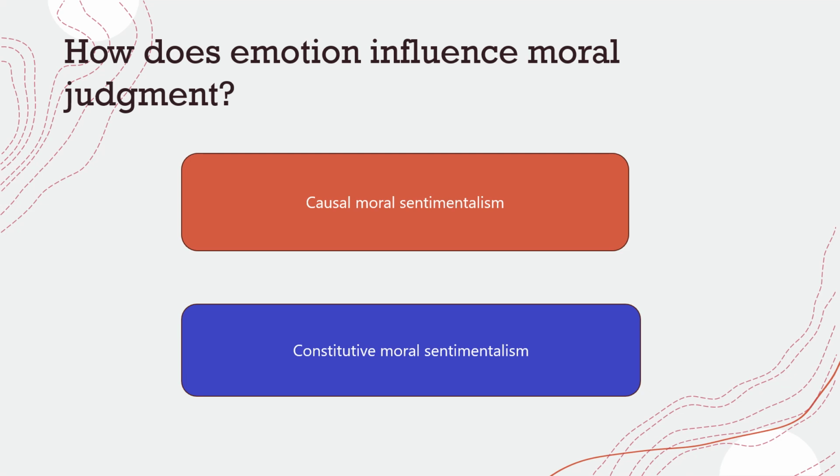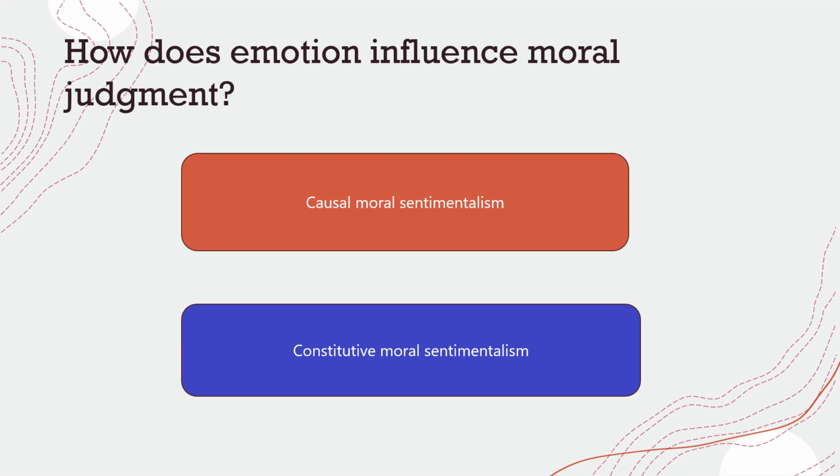So we can think of 2 ways in which emotion might influence moral judgment. We can speak of a causal relation, called causal moral sentimentalism, and we can speak of a constitutive relation, called constitutive moral sentimentalism. And the question is whether moral judgments are caused by affective inputs, right?